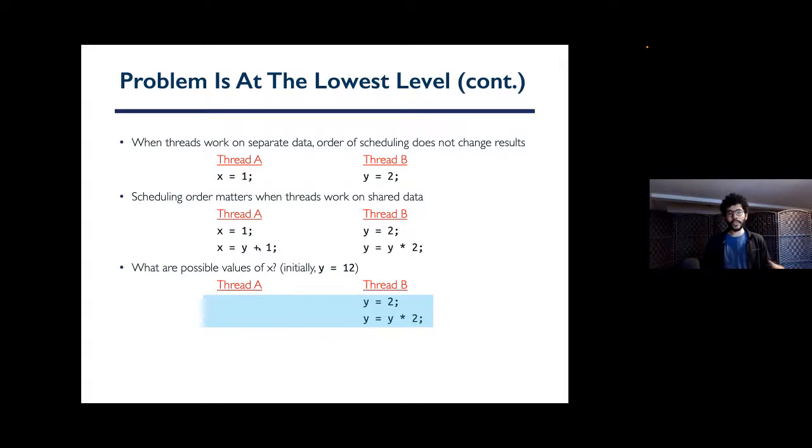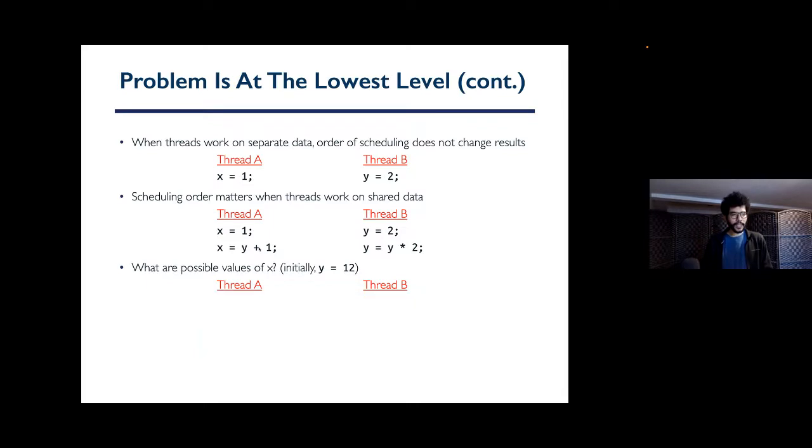Let's say first thread B runs. So thread B is going to change Y to 2, then multiply 2 by 2. So Y becomes 4. Now thread A runs. Now we are having Y equals 4. So X becomes 5, obviously.